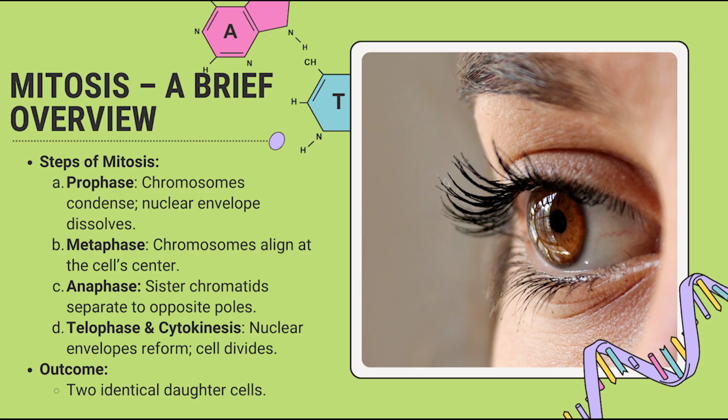Then during anaphase, sister chromatids are pulled apart to opposite poles. Lastly, we have telophase and cytokinesis, where new nuclear envelopes form and the cell divides. This ensures that each daughter cell receives an exact copy of the DNA.